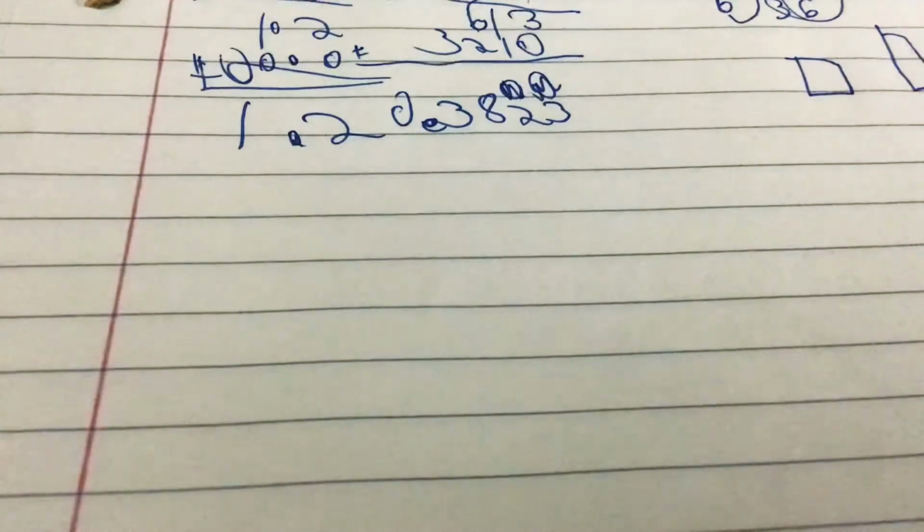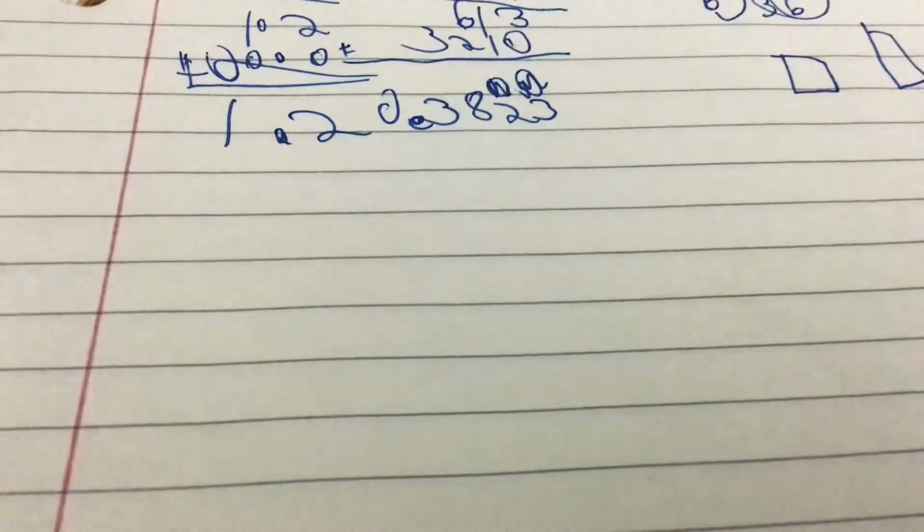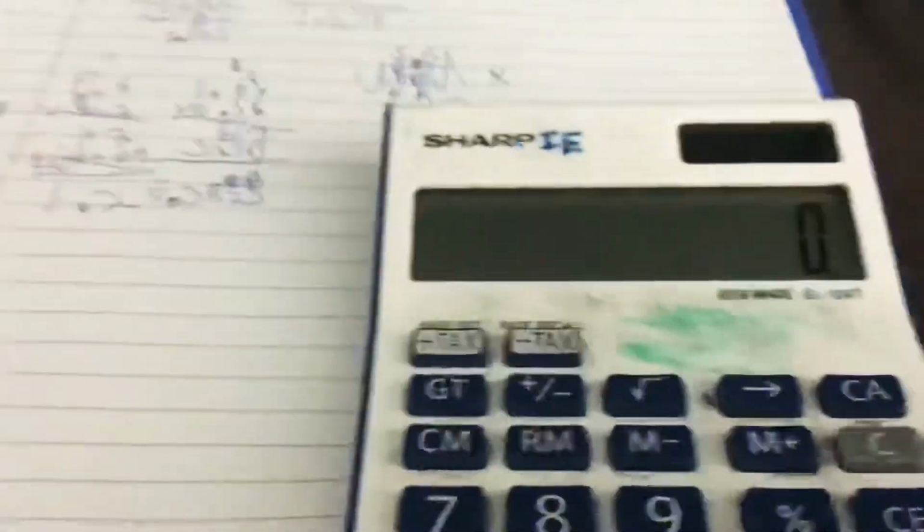Now, this is the math I'm showing you. This is the decimals, but now we can talk about money. Money, economics, all that stuff. This is why you need a calculator. This isn't a scientific calculator, so it's just a normal one. We have the tax rates here, which is a nice thing to have.